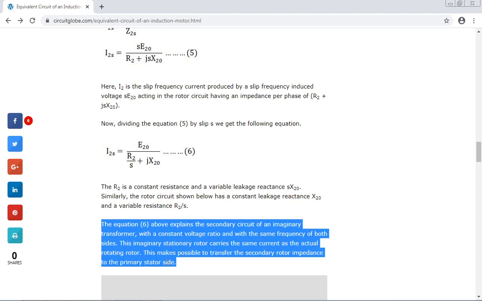This makes it possible to transfer the secondary rotor impedance to the primary stator side. So in simple words, when we divide this equation by the slip, we basically normalize the frequency on the rotor side to equal the frequency on the stator side without affecting the value of the rotor current. That's why we can combine the rotor into the stator side.